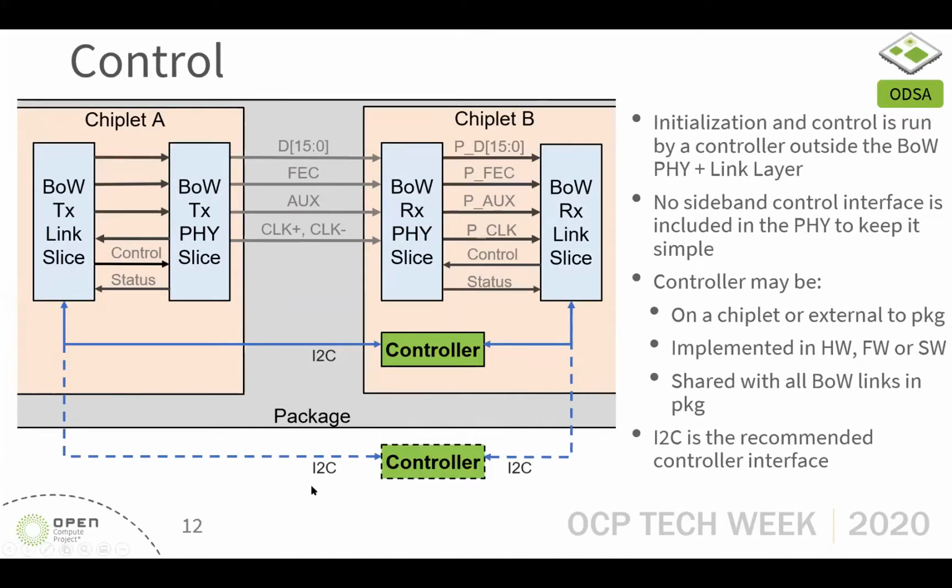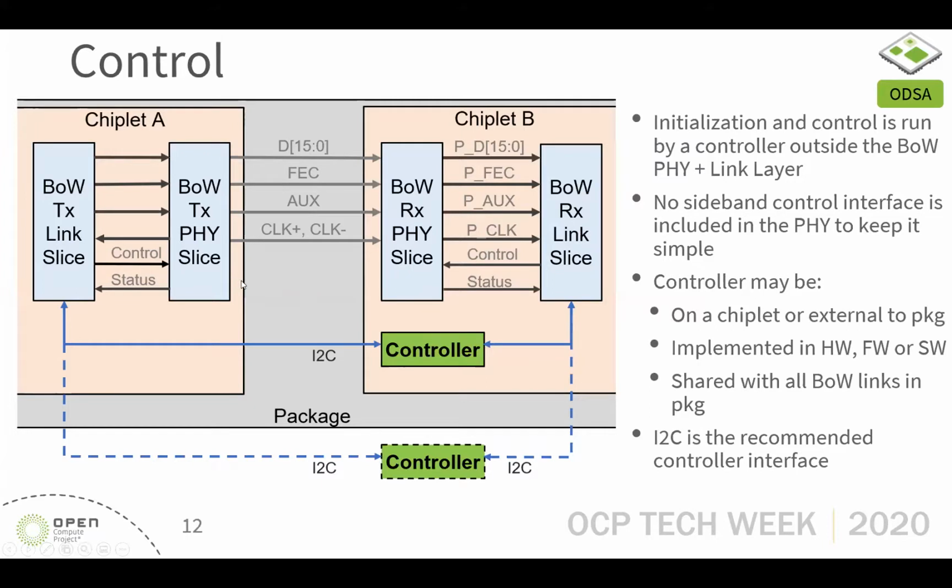Now, one of the things that's unusual in Bow is the way we're doing control. It's common to have control for a link either transmitted over the data wires or run as a sideband interface, essentially a physical set of additional wires, which are part of the PHY, but running essentially a separate protocol.